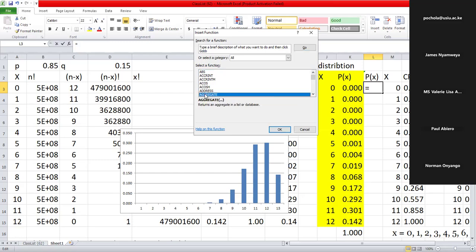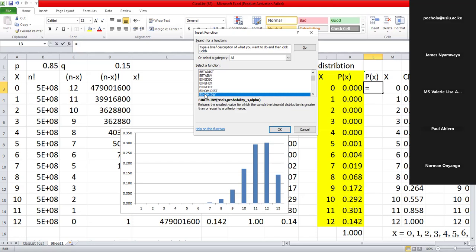This is for large problems. I'm pressing B until I get binom.dist. We are almost there. I know what it is, but I'm going to tell you where you get it from. Binom.dist.